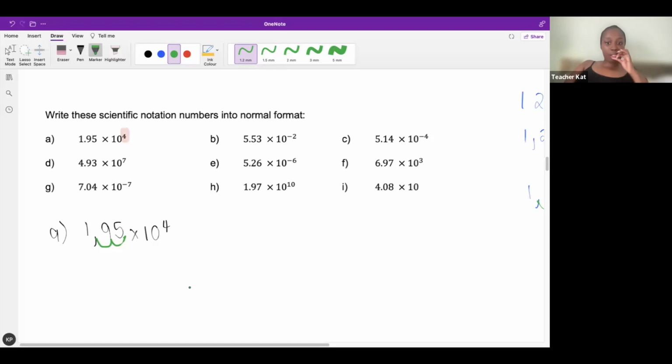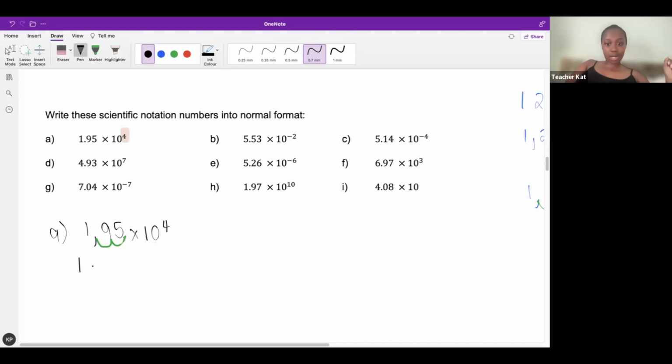I've already moved 2 times, so I still need to move 2 more times. So how many zeros do I need to add? Think carefully. 2. Nice, Buhlali.